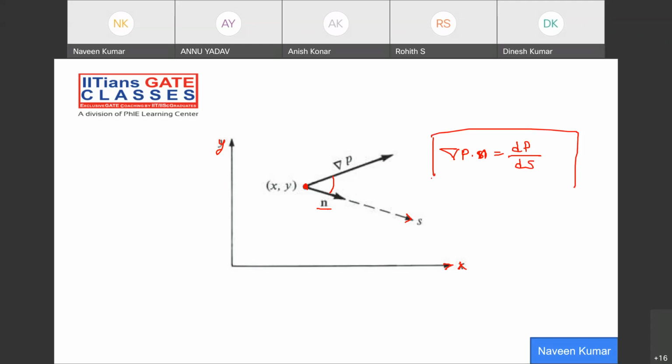Based on this, questions have also come, and you will study the same thing in mathematics, but you can cover it from here also. Some questions on directional derivative already came in GATE, but basically it is covered in mathematics.